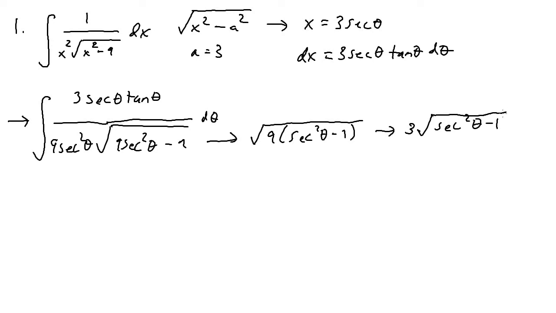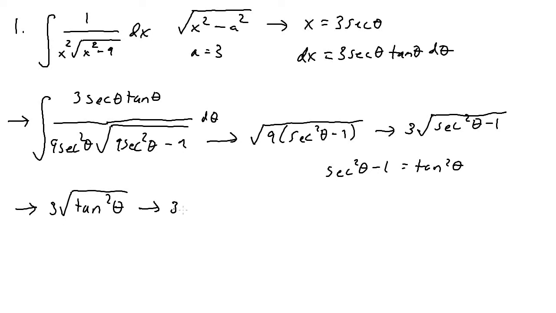Now the trig identity we need to use is that secant squared theta minus 1 is equal to tangent squared of theta. So I'm just going to replace that with tangent squared. So we're going to end up getting 3 times the square root of tangent squared of theta. And the square root of tangent squared is obviously just 3 tangent theta. So with trig substitution, we're able to get rid of the radical.